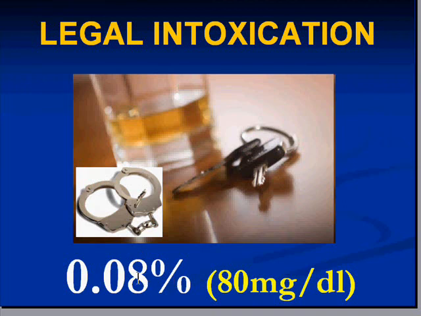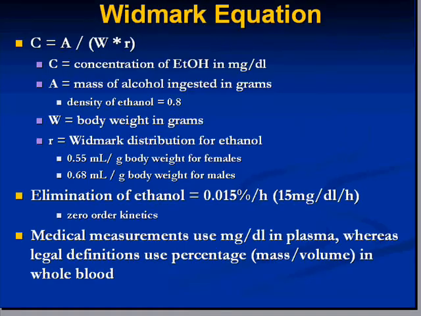The blood alcohol meter will be expressed as just a regular old percent. So if that blood alcohol meter reads higher than 0.08%, you're going to jail. That translates directly into 80 milligrams per dL, which are the levels we use mostly in laboratories.